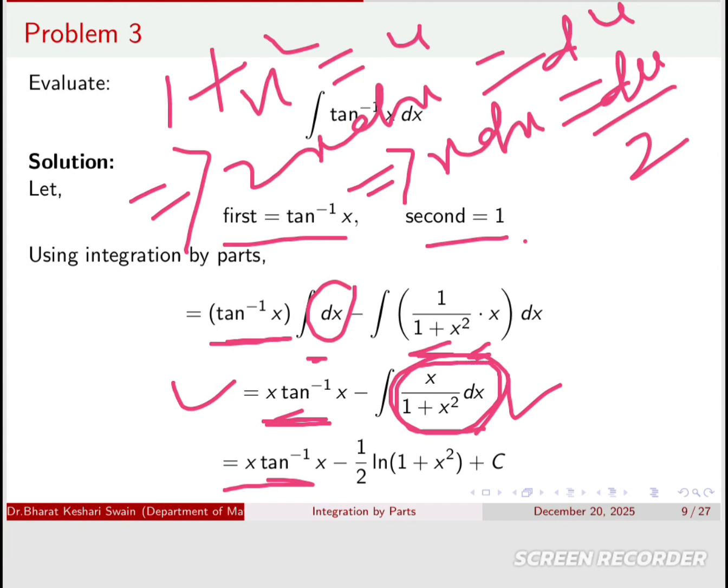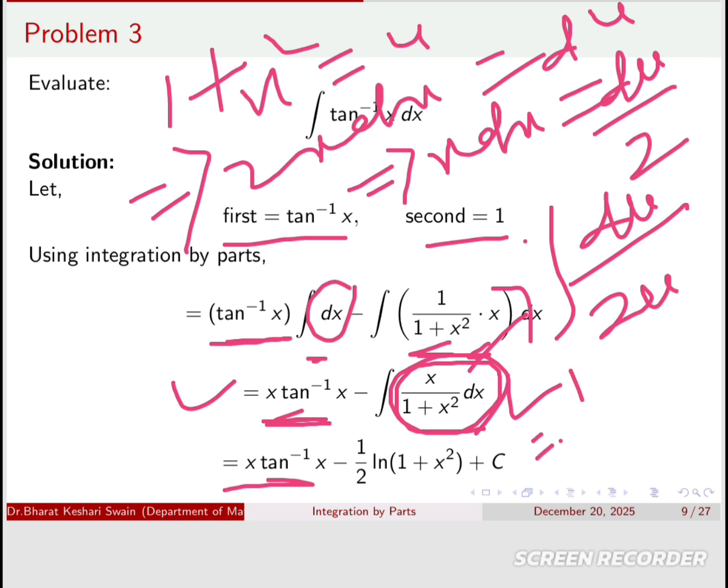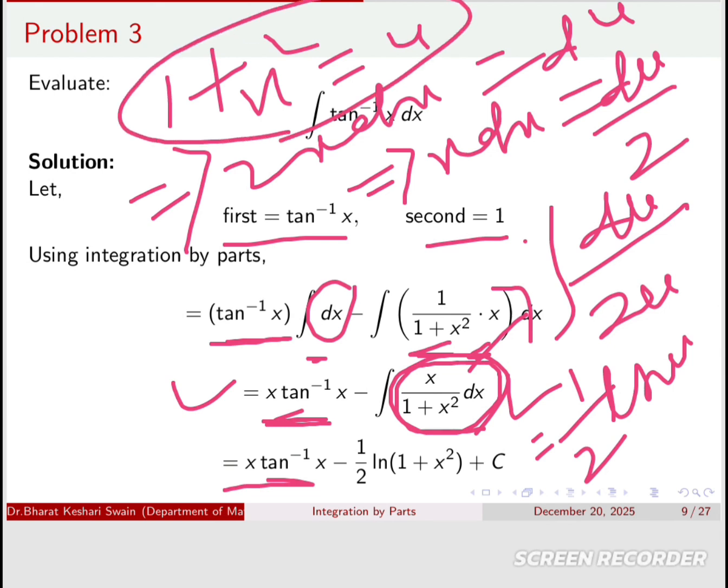So the integral will be reduced to integration of du by 2u. 1 by 2 is a constant, so your result will be 1 by 2 ln u. And the value of u is 1 plus x square. Therefore, your result will be half ln of 1 plus x square, then plus some integration constant c. So this is the result of this problem.